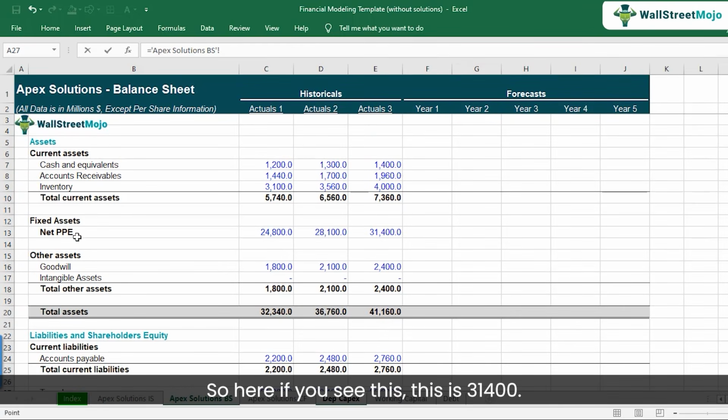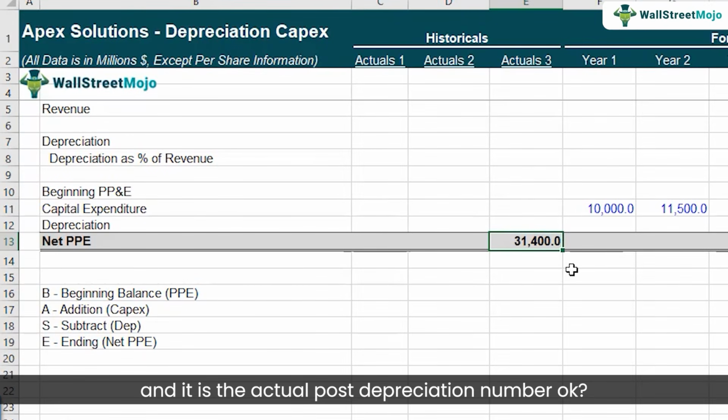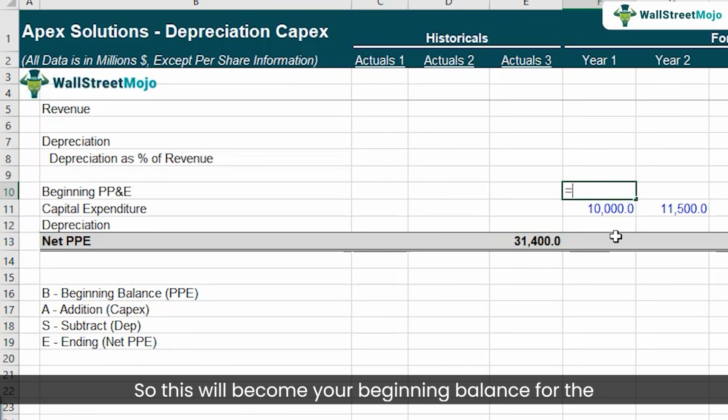Here, this is 31,400. This is net property, plant and equipment, which means depreciation has been removed from it, and it is the actual post-depreciation number. This is for year actual 3, and it will become your beginning balance for the next year.